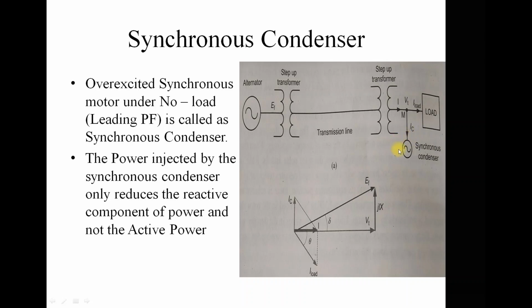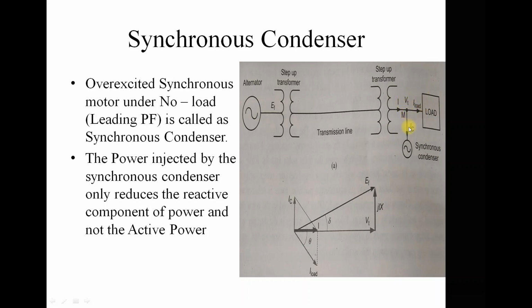That is, the synchronous condenser is a synchronous motor which is overexcited and working under leading power factor with no load. Since this machine has no load, the reactive power will be injected into the system, but not the active power. It will be injecting the reactive power to the system.